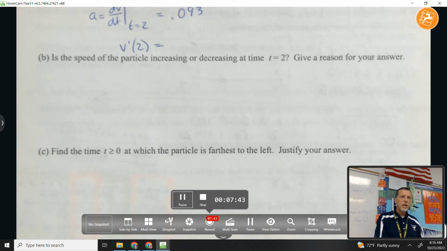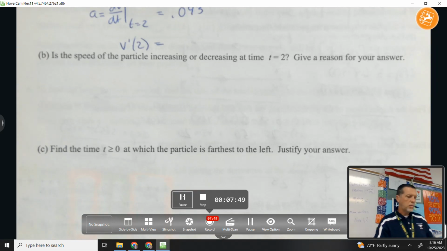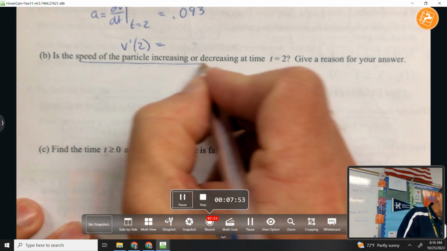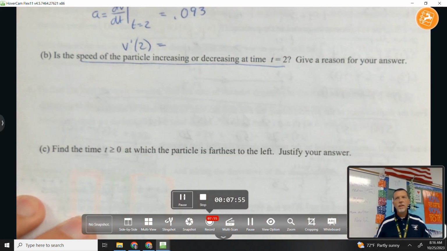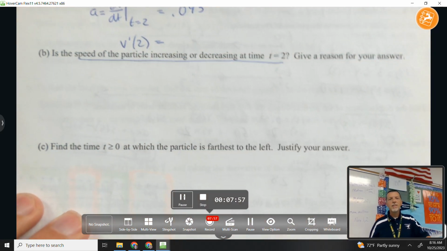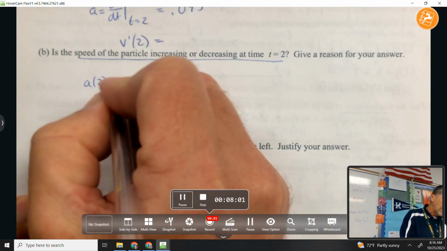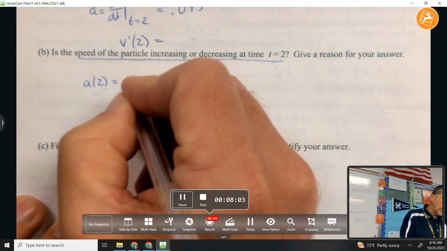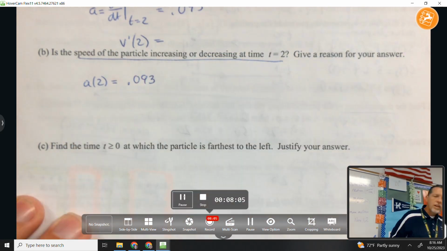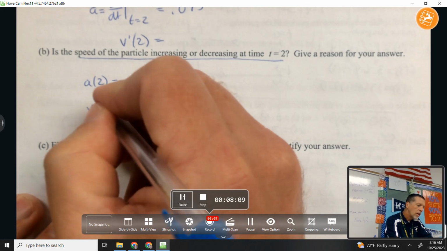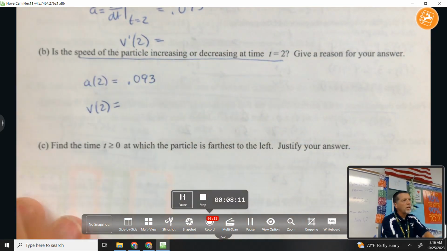Part B. Is the speed of the particle increasing or decreasing at time 2? Okay, how do we find out speed increasing or decreasing? Looking at the positives and negatives, if A and V have the same sign. So A of 2 we already know. That's 0.093. How do I find V of 2?